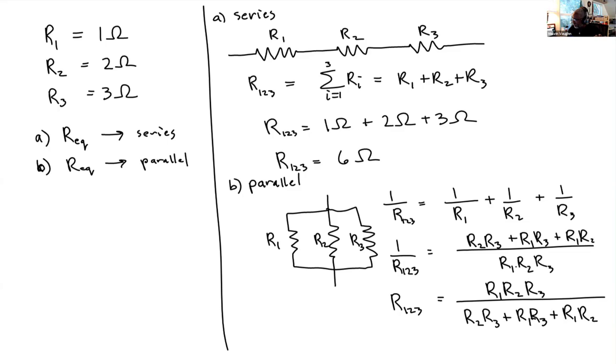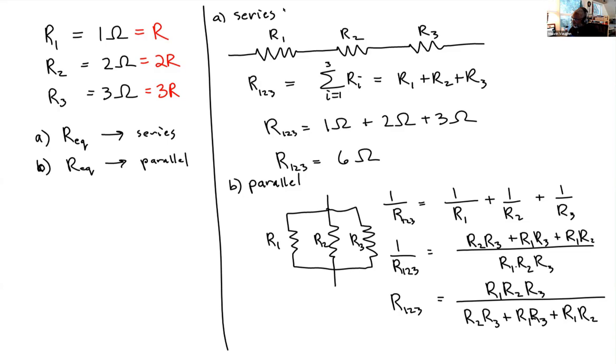Right now I have 3 variables I'm working with, but I could call the first resistor R. The second resistor is 2 ohms, so it has twice the value of the first resistor. The third resistor is 3 ohms, so it has 3 times the value of the first resistor.